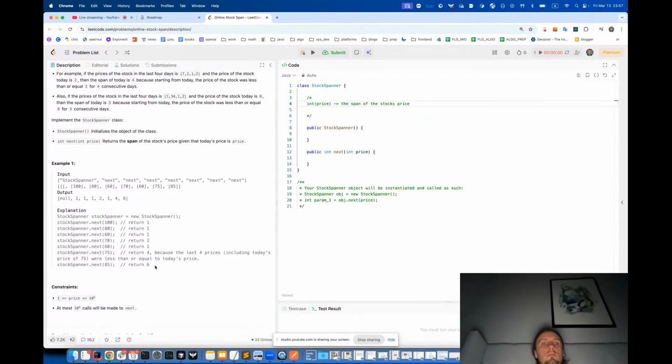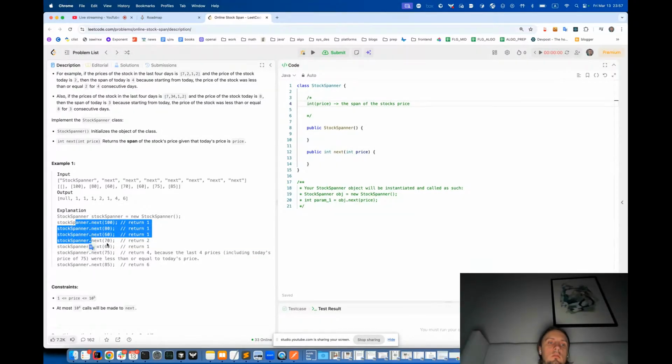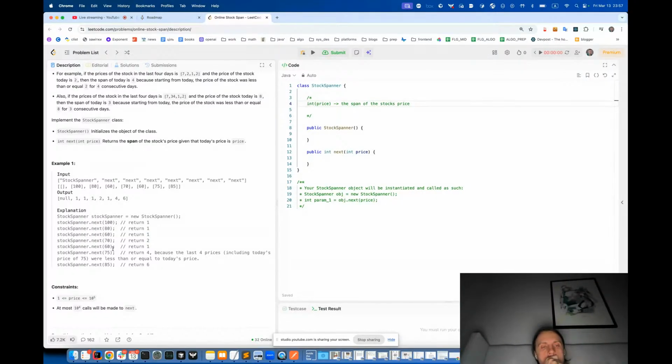So what can we do? Actually we can store them. Why do we need a stack?